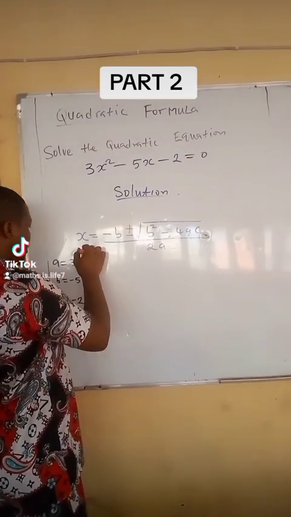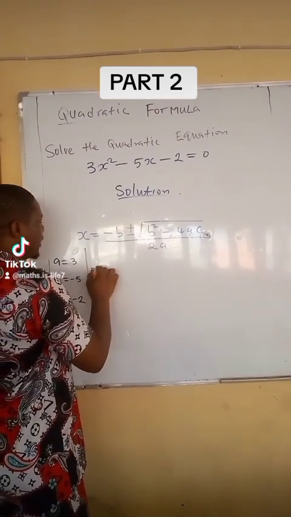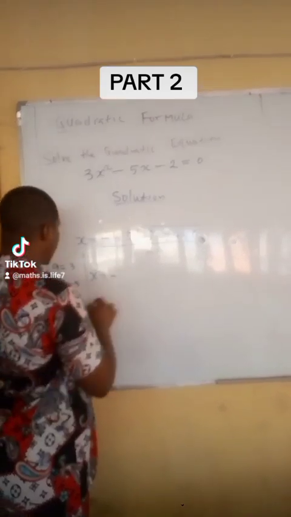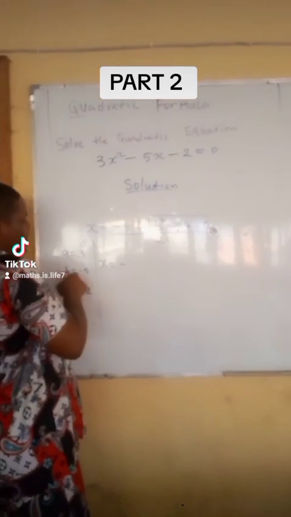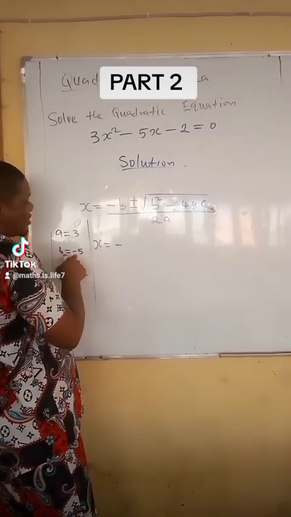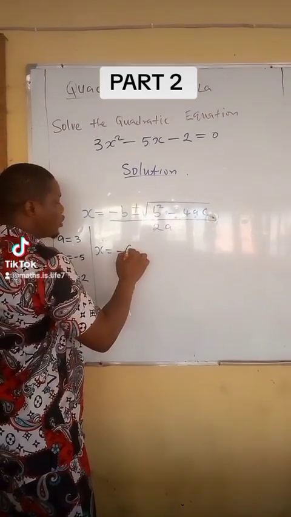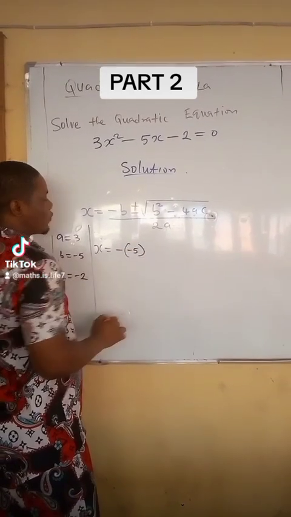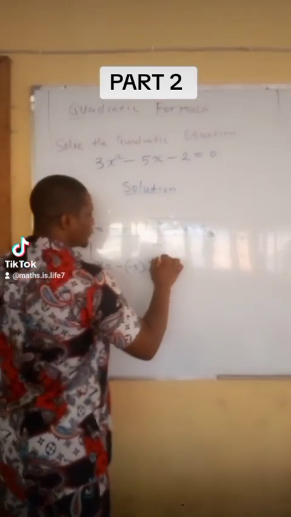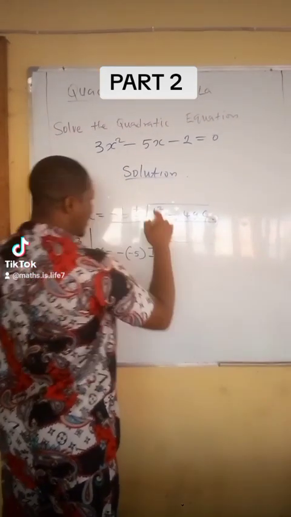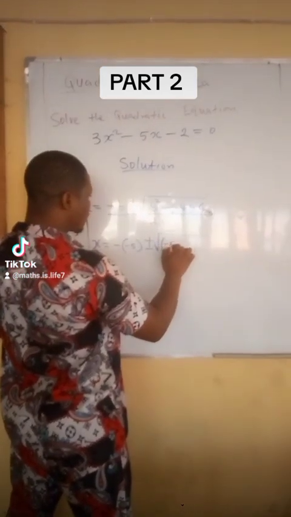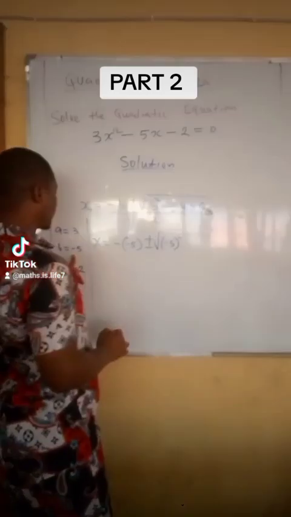So let's go now. x is equal to, let's substitute. My b is minus 5. Now take note, the coefficient of x is carrying a negative sign, so I will not forget to put my minus 5, plus or minus the square root of b squared, my b is minus 5 all squared.